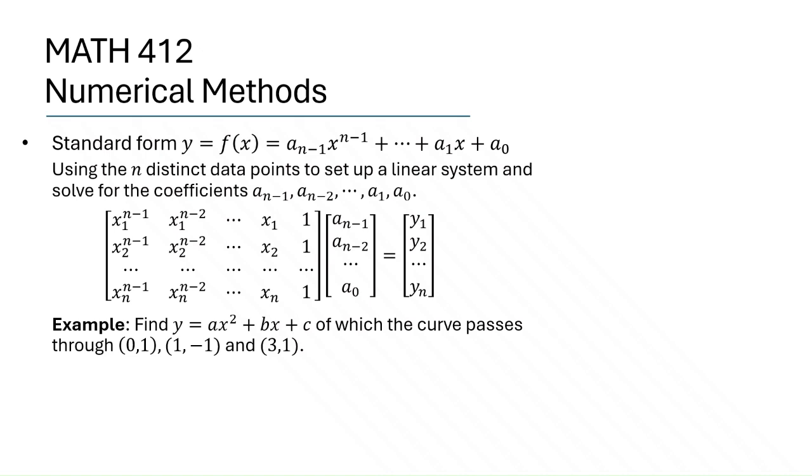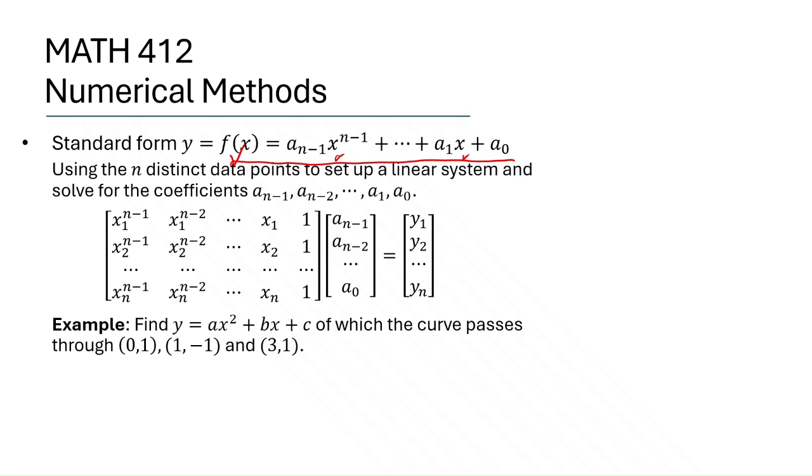Now, the first approach, using the standard form of a polynomial of degree n minus 1 this way. Okay, so we have n distinct points, so that means x is known. It will assume the given values, and y is known. It's given in the data set.